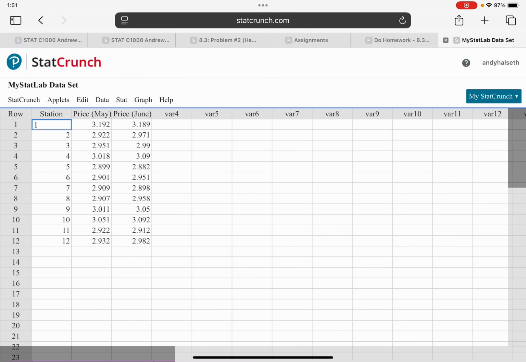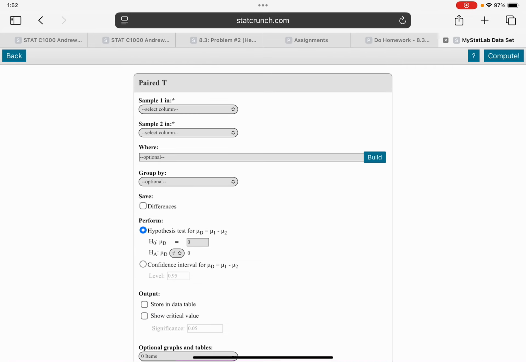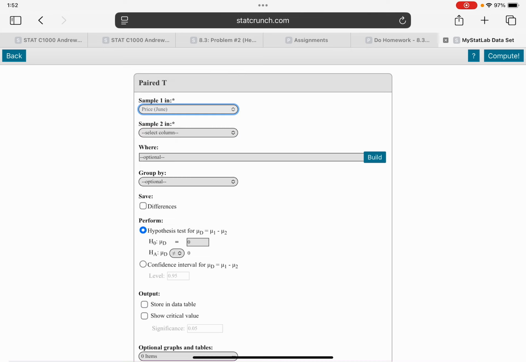Okay, so I load that in there, and then when I do my stat, t-stat, paired, right? Typically you do column 1 in sample 1, but I'm going to reverse it. I'm going to put June in that one, and then May in that one. And then that'll help solve it. Okay, that's one way to do it.